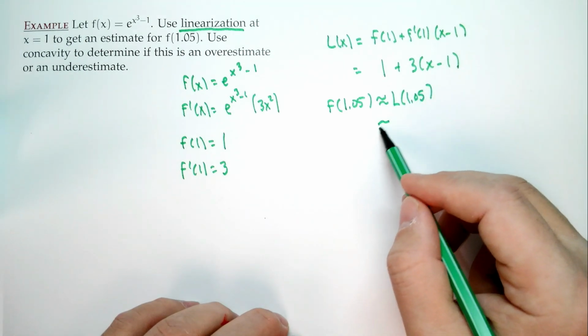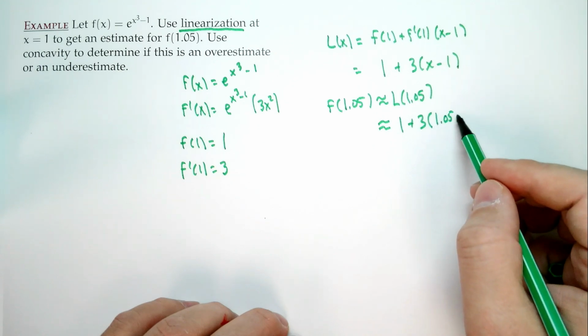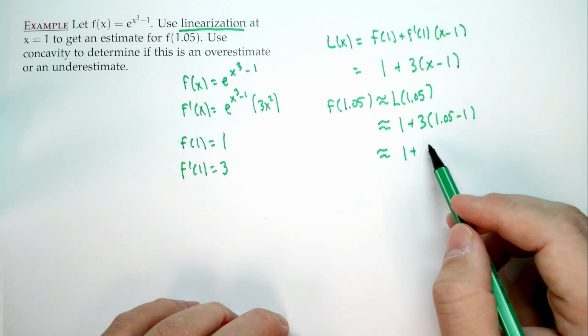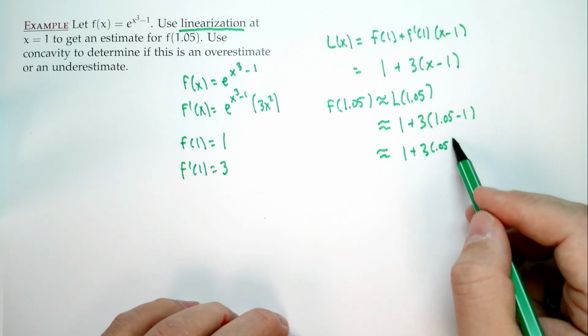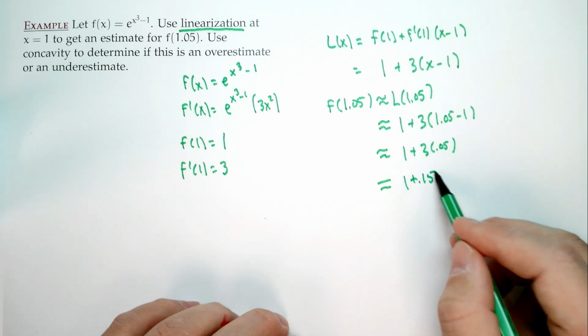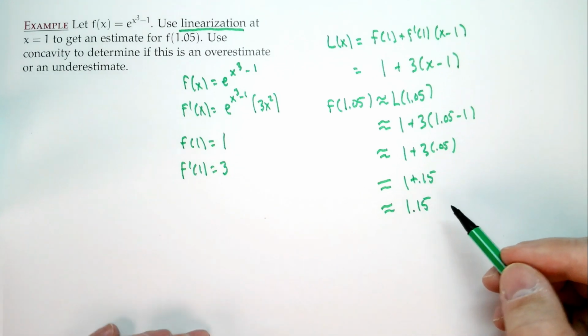And so it's approximately 1 plus 3 times 1.05 minus 1. Well, that's 1 plus 3 times 0.05. And of course that's 1 plus 0.15. And therefore our answer is 1.15 is our estimate.